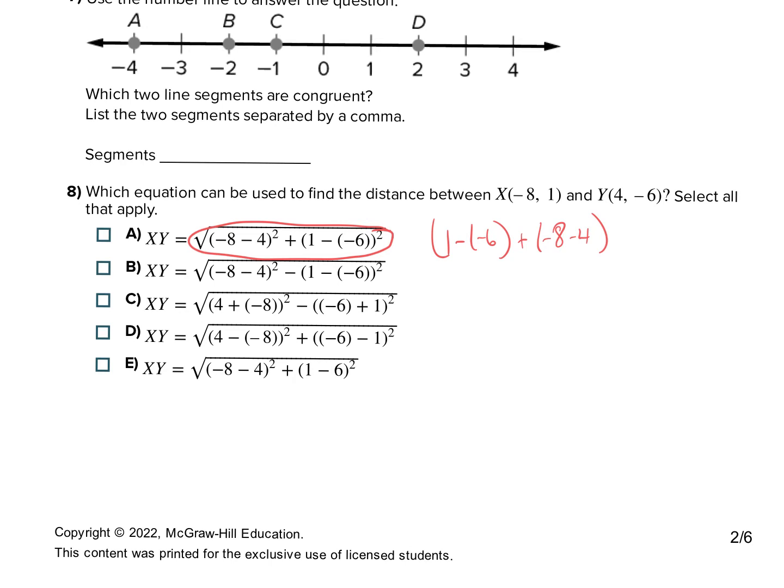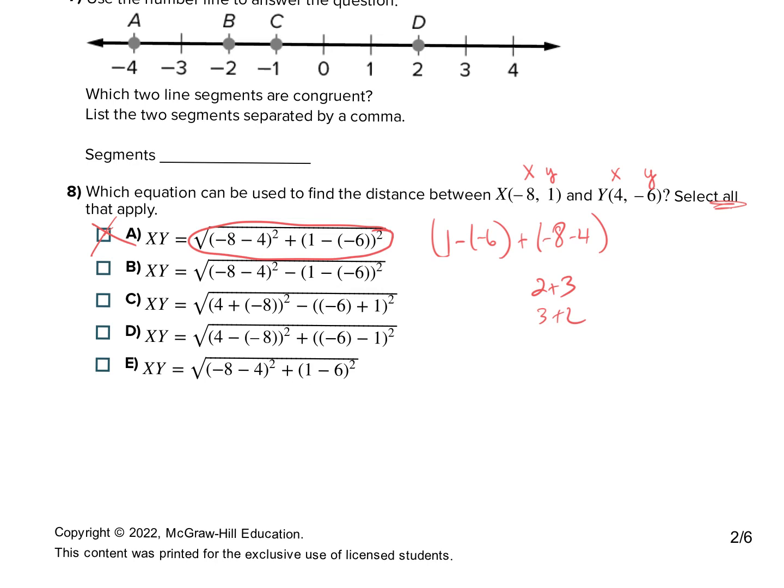So essentially, because we can interchange, whether I do 2 plus 3 or 3 plus 2, I still get the same answer. So it doesn't matter. So that is the same thing as using Pythagoras' theorem. The only difference is that we're using the actual coordinates, the difference of the x values and the difference of the y values.